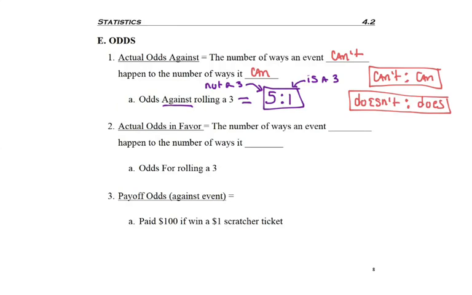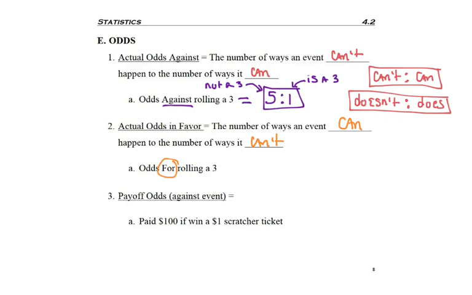But let's look at problem 2. Odds in favor. So it's the number of ways an event can happen to the number of ways it can't. I'm sure you figured that one out. But notice it says the odds for rolling a 3. It doesn't say in favor because this is another way of wording that.